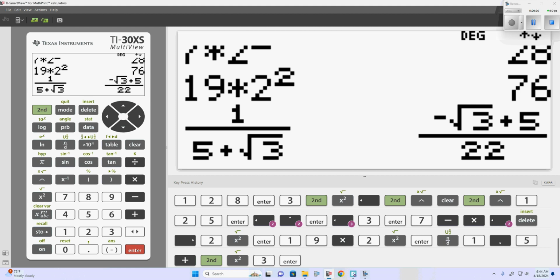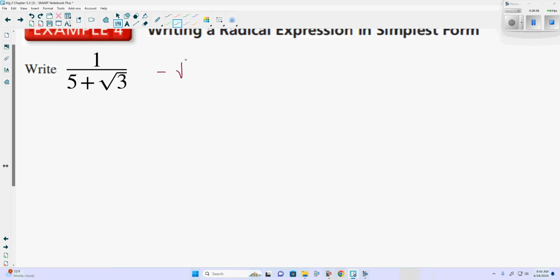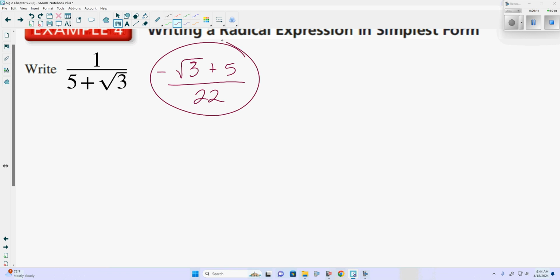Actually, it didn't, did it? That is the answer. The 30XS is the only one out of the two calculators that you have that will do this.